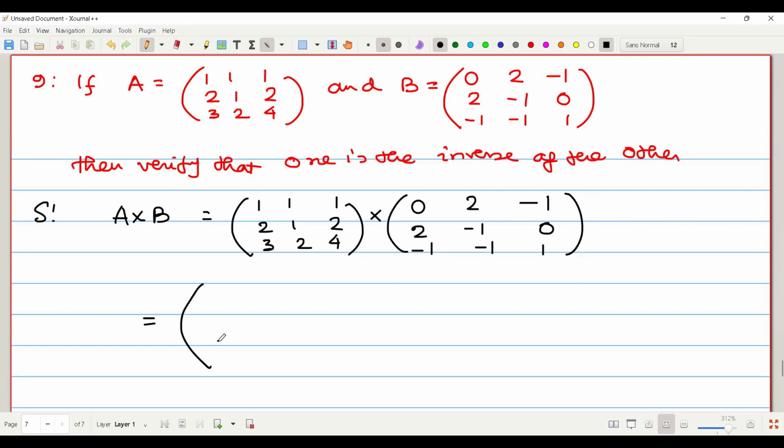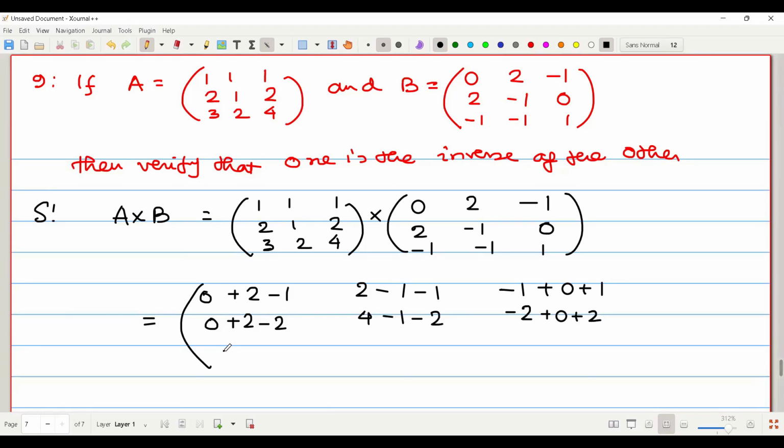Let's check what should be the result. 0 plus 2 minus 1, 2 minus 1 minus 1, minus 1 plus 0 plus 1, that is the first row. 0 plus 2 minus 2, 4 minus 1 minus 2, minus 2 plus 0 plus 2, and now 0 plus 4 minus 4, that is the third row going on. 6 minus 2 minus 4, and minus 3 plus 0 plus 4.